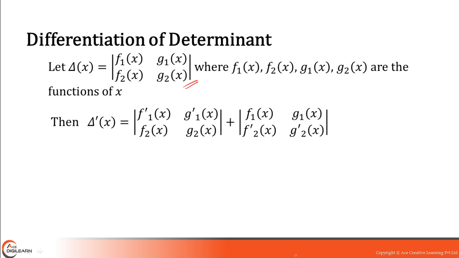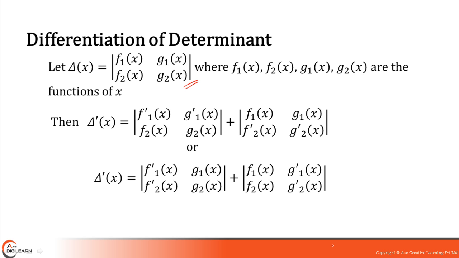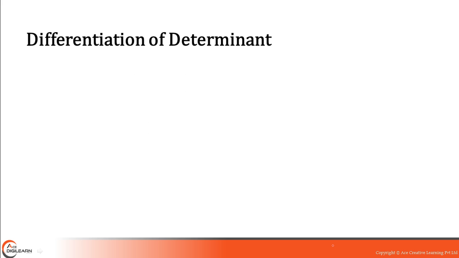If we need to differentiate this determinant, we can do it by deriving the first row keeping the second unchanged, plus keeping the first unchanged and deriving the second row, or we can do it by column.